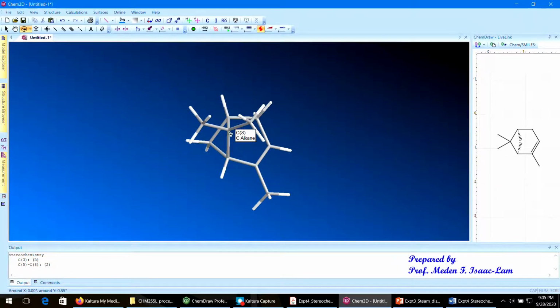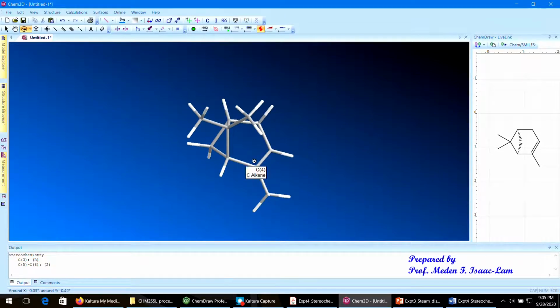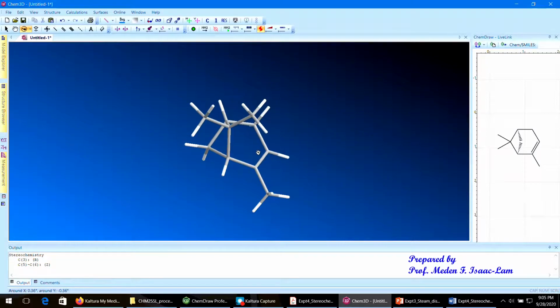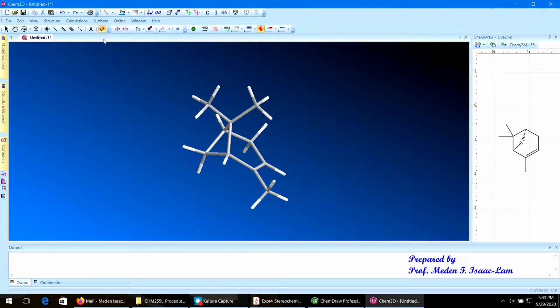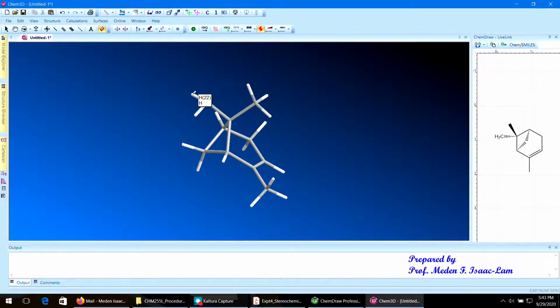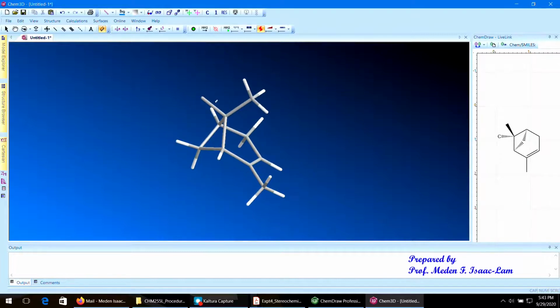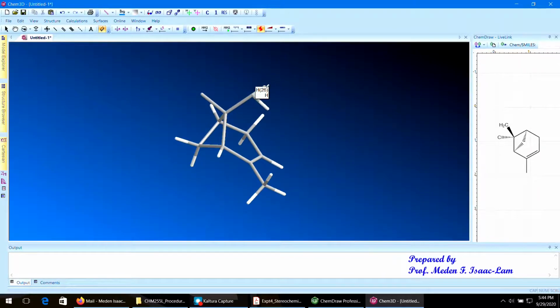So this is the top, this carbon is coming towards you, these are the methyl, and this is the other methyl, and this is the double bond in here. Now I want to eliminate the H's so you can see better. To eliminate the H's, I'm going to use the eraser. I can erase the H's, so we're just looking at the skeletal structure of the bicyclic molecule.